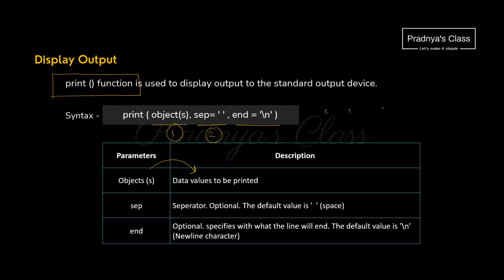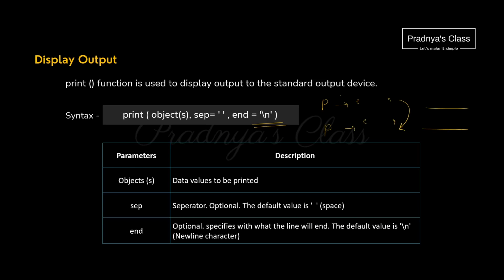If you are printing more than one object, then in between we get a space because the default value is space. Look at the third parameter, it is end. If you are using 2 different print functions to display messages, then the second message will come in the next line. Why is this so? Because of \n. The default value of end is \n.